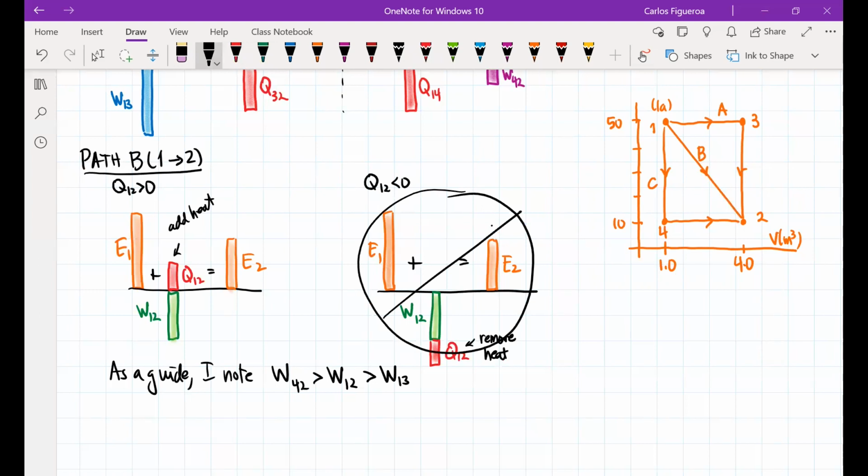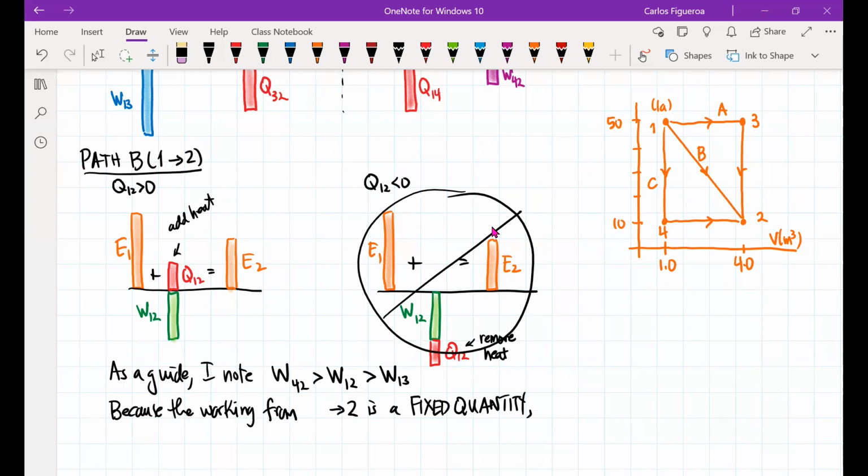Okay, so once again, if I try to summarize, because the work from 1 to 2, excuse me, not 4 to 2, the work from 1 to 2 is a fixed quantity, it appears that removing heat is impossible.